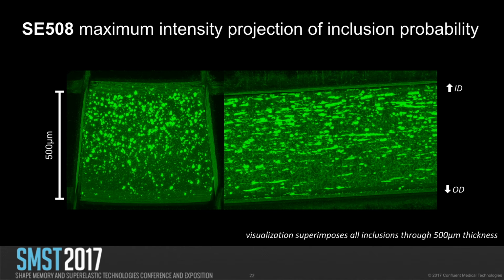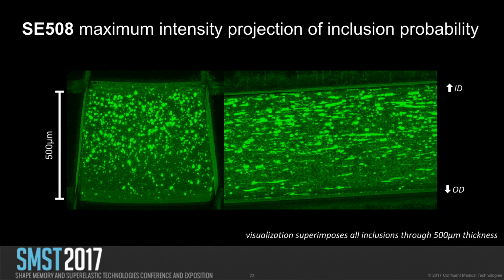So you're seeing all of the inclusions through about 1 millimeter of thickness on the left there. And on the right, you see all of the inclusions through about 0.5 millimeter. That's just the same sample rotated 90 degrees. So on the right, you can see the orientation of what we call stringers, which are these kind of broken out and elongated bits of void and inclusion.